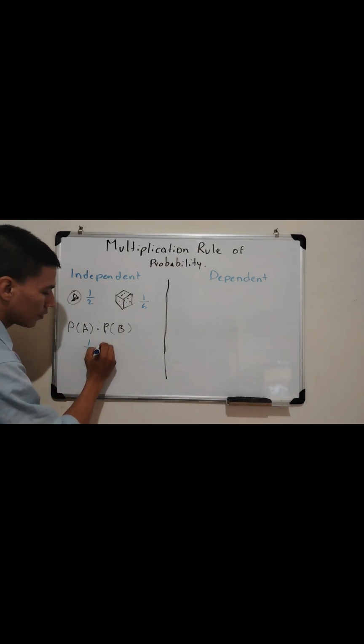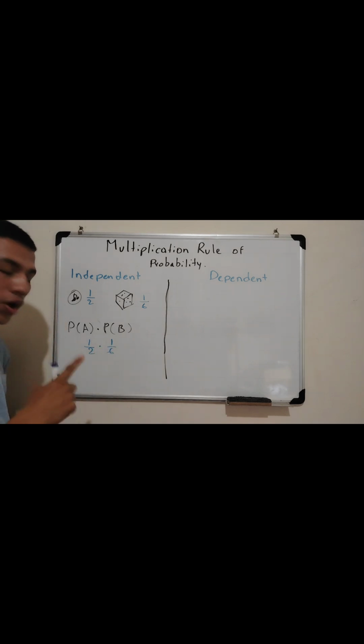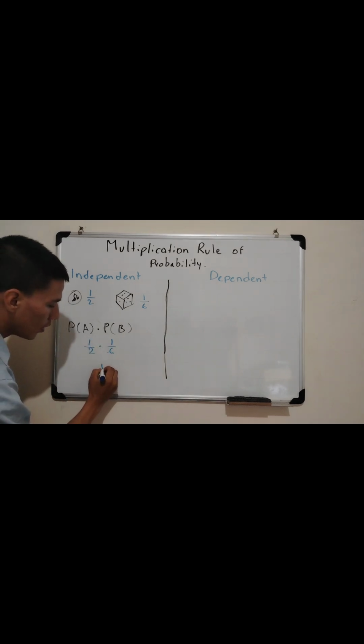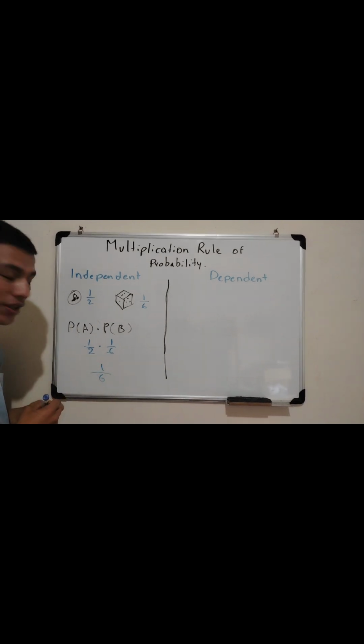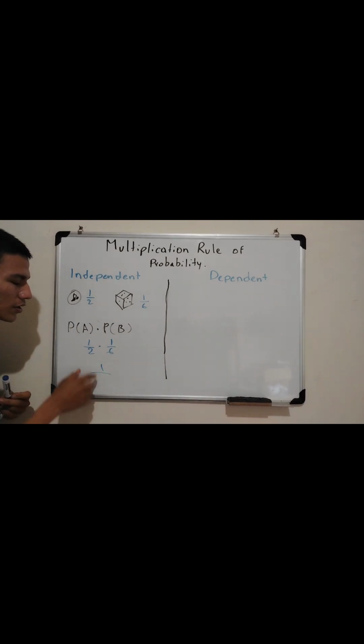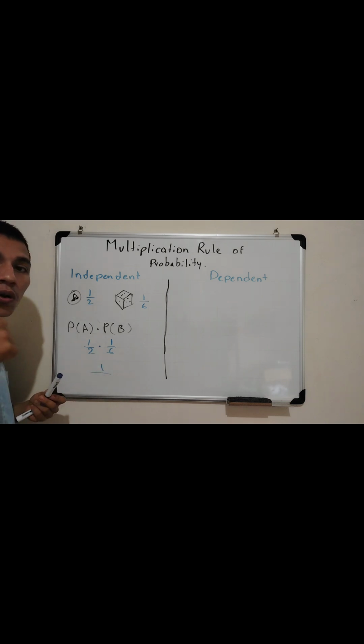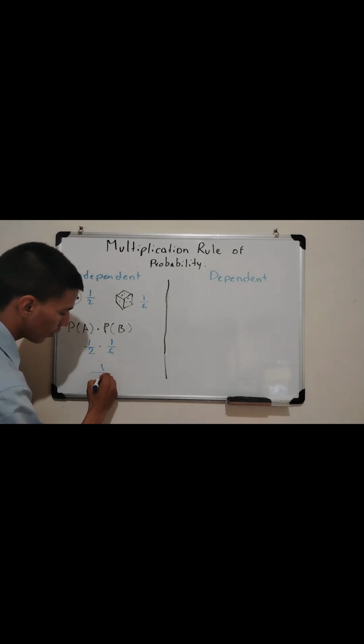One half times one sixth. 1 times 1 equals 1. 2 times 6 equals 12.